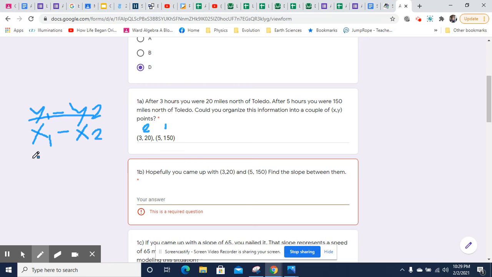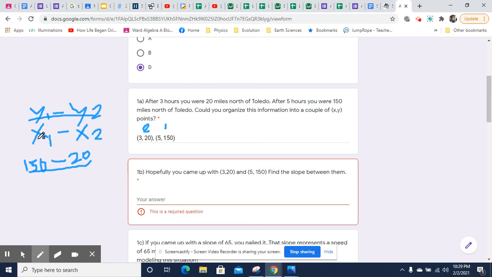So let's do that. y1 is 150, and y2 is the y value here, so that's 20. We subtract 150 minus 20.